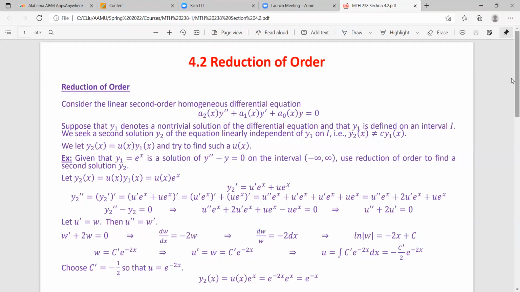In this chapter, we just deal with linear differential equations. So we started from linear homogeneous differential equations of higher order.